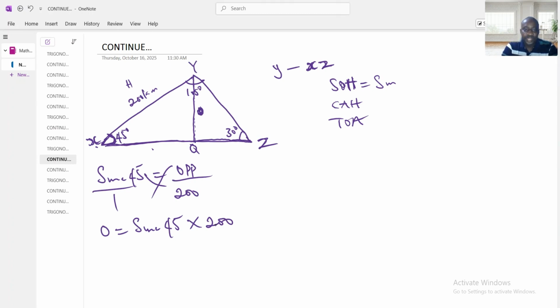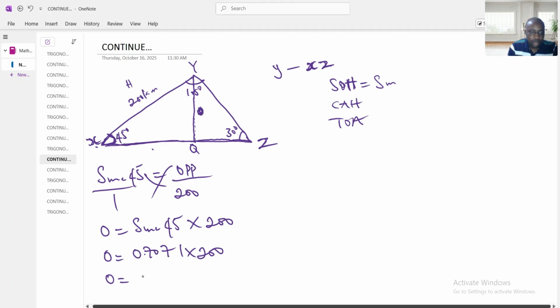We have 0.7071. 0.7071 multiplied by 200 is going to give us 141.42.